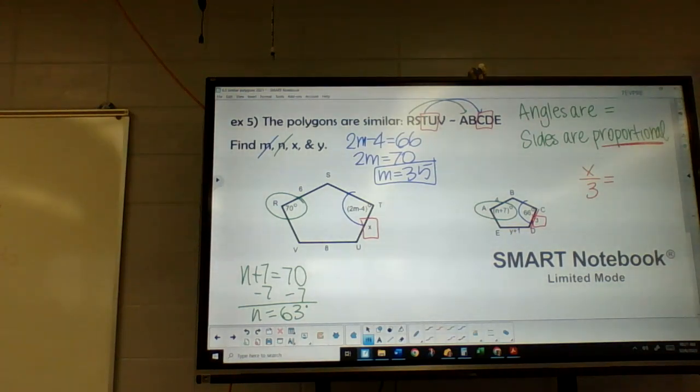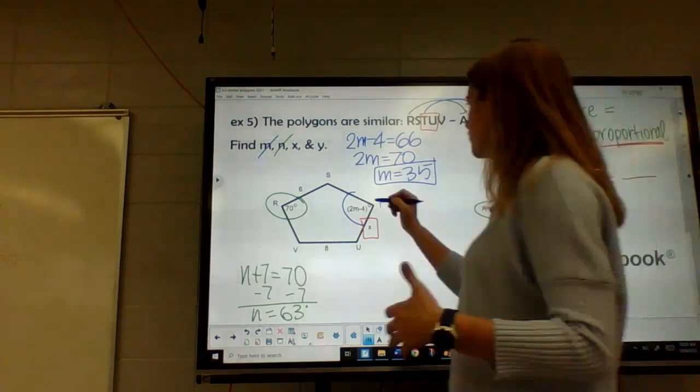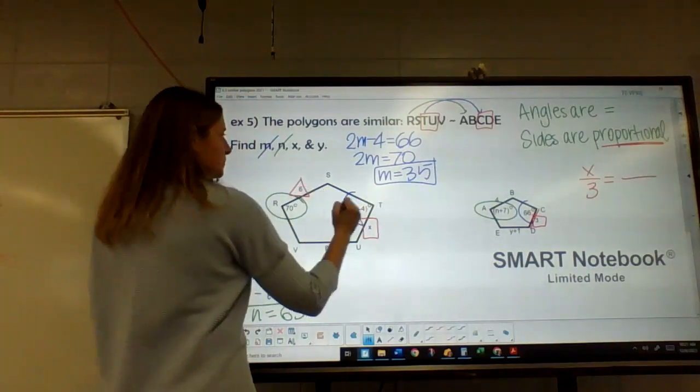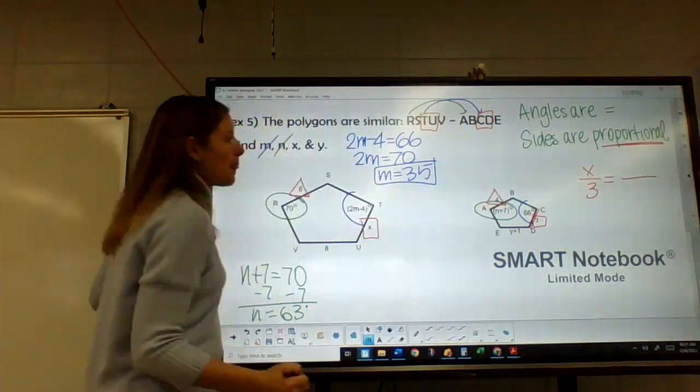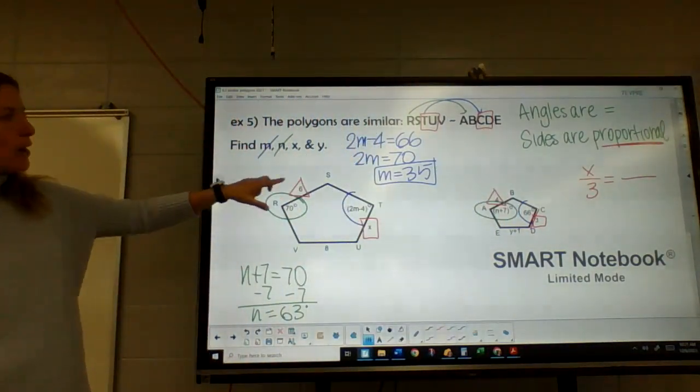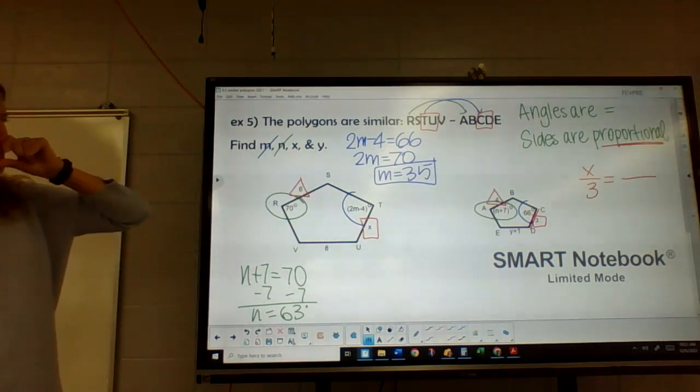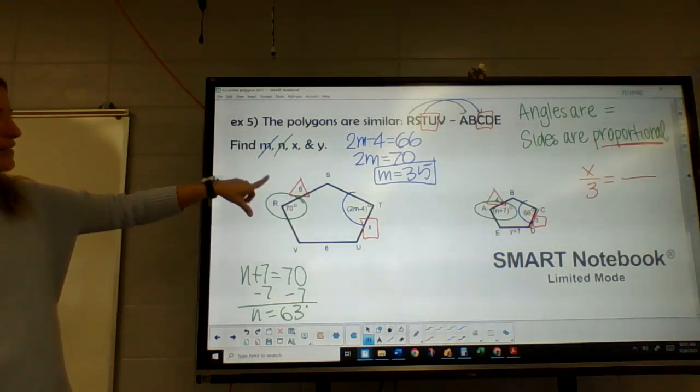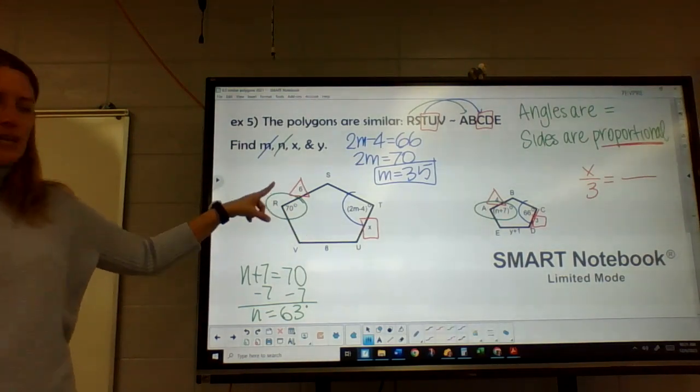What else can I use to help me with this? 4 over 6. Now I would not use the y over 1 right now. That'd have 2 variables in one problem. So we're going to use this 4 and 6. Now if I wrote x over 3, how do I have to write it? 6 over 4. The 6 should go on top because x and 6 are in the same shape.